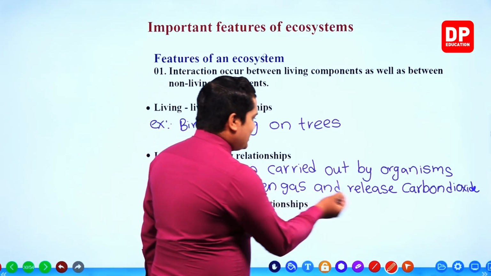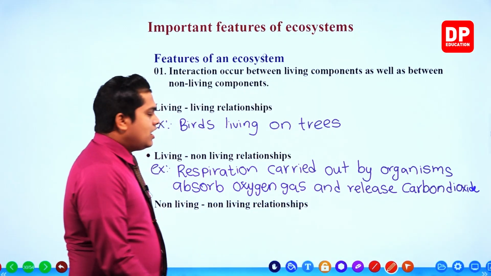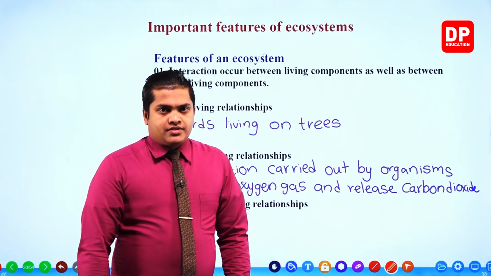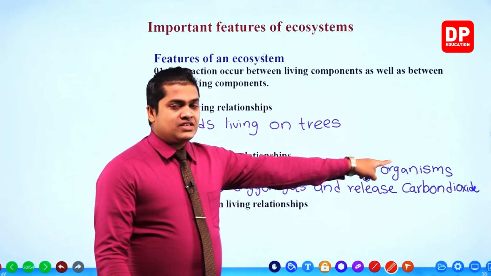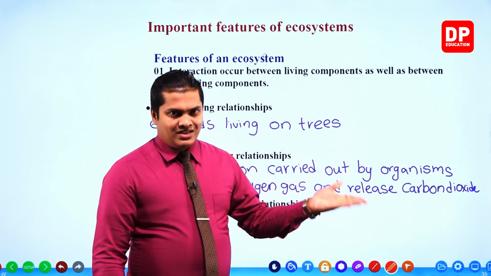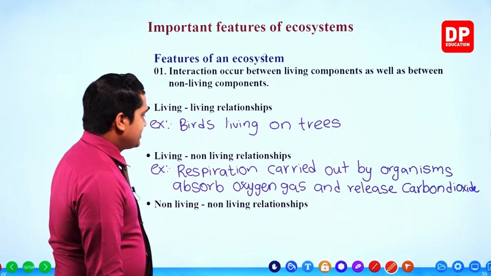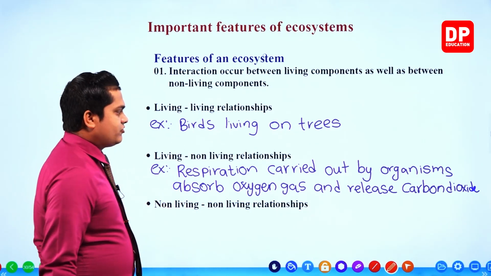So oxygen gas and carbon dioxide are non-living components. Organisms, any kind of organism, are living. So this is a good example for living and non-living relationships.